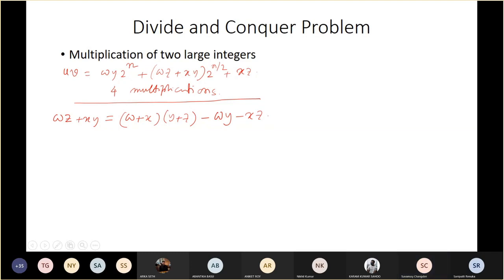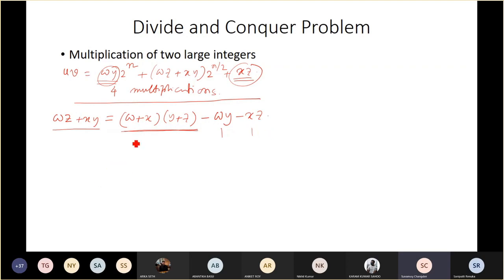Now think about it: here we are already multiplying wy, and here we are also multiplying xz. So to find wz plus xy, we require only one multiplication. Think about that. To find the value of wz plus xy, we require only 1, because it is w plus x into y plus z, and the other two terms we have already got from here. So we don't have to remultiply these two.